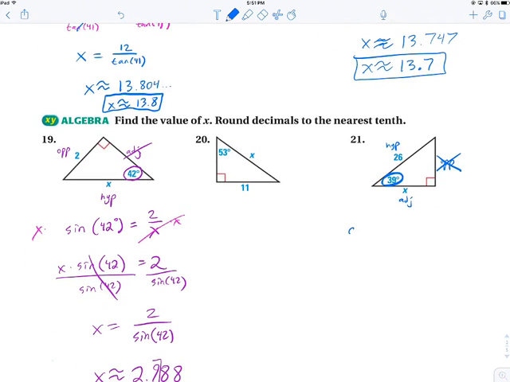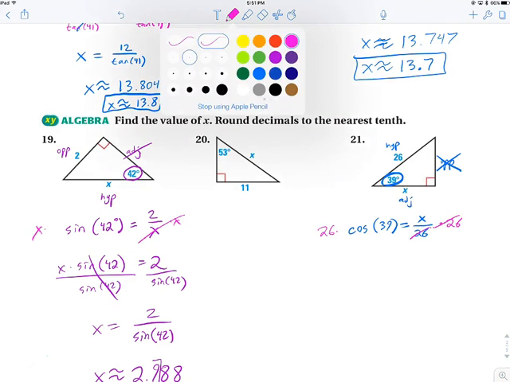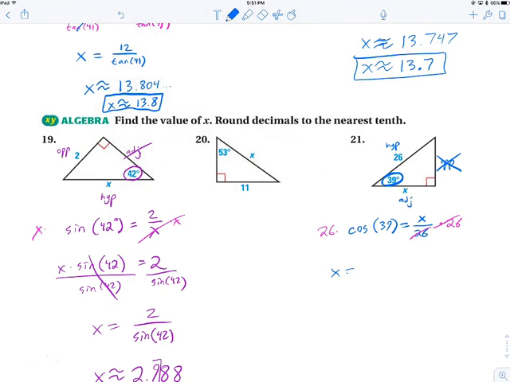So cosine of the angle is equal to adjacent over hypotenuse. Now this one ends up being easier as well, because if I multiply both sides by that 26, I'm done solving. I already have x by itself. So x is just equal to 26 times the cosine of 39 degrees.